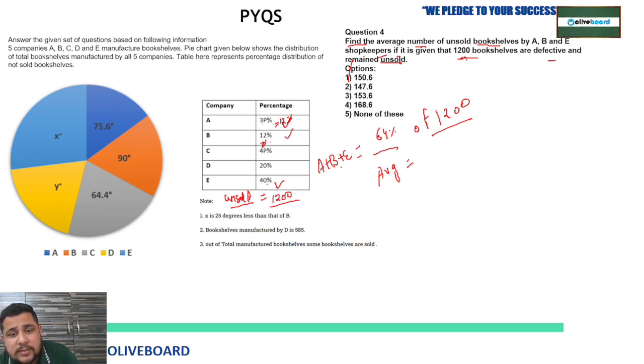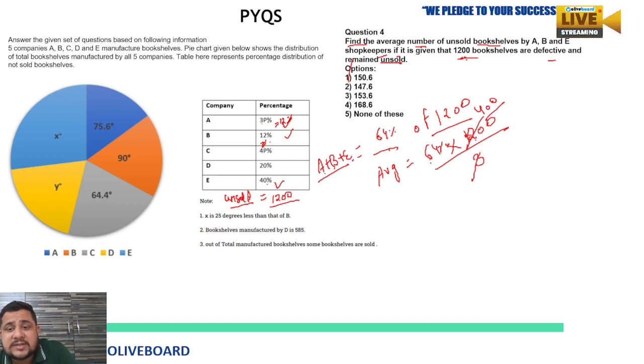So number of values are how much? 3. A, B, and E. 3 companies are there. So 64% of 1200 by 3. So 64% multiplied by 1200, this is the total, divided by 3. So by 3 you can cancel this, 400, right? 3 times it will be cancelled, you will get 400. Now 64% of 400, that would be the answer of your question.